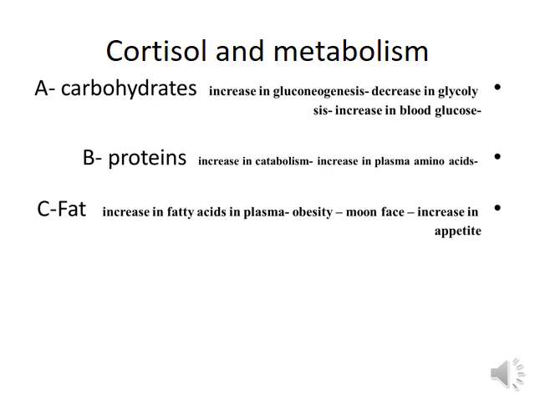It increases the free fatty acids in the plasma, and it also increases appetite. In some parts of the body, for example the hands and the feet, the lipid will be lysed, but we will have accumulation of lipid in some parts, for example in the face and the trunk, the upper part of the body.